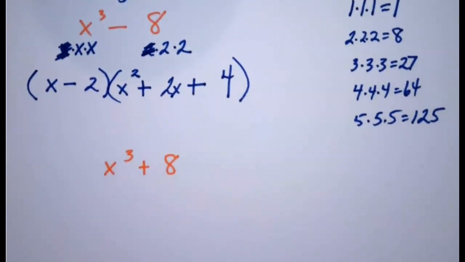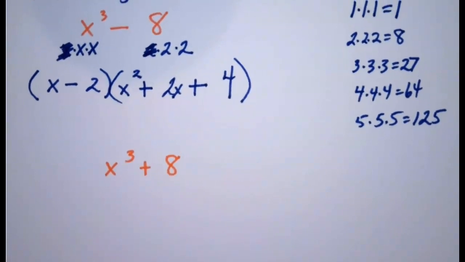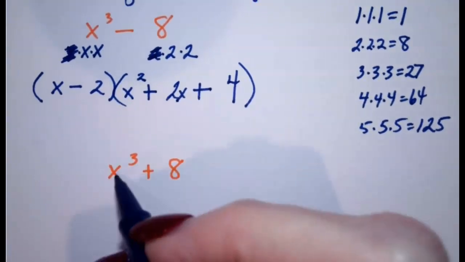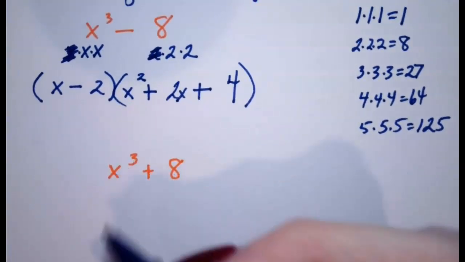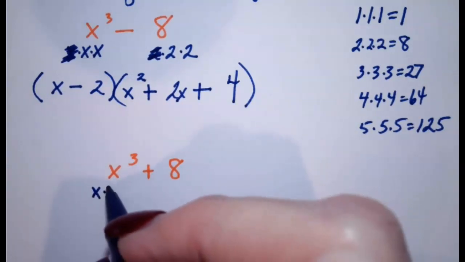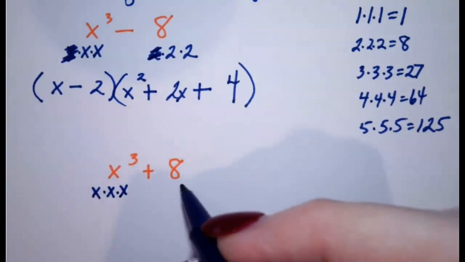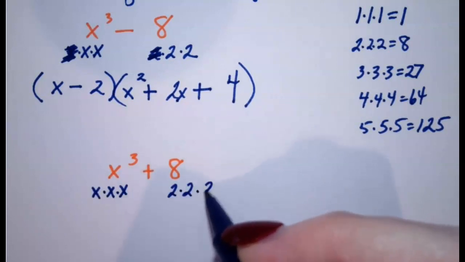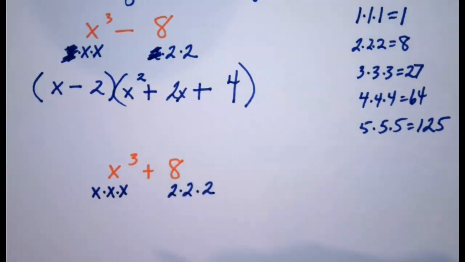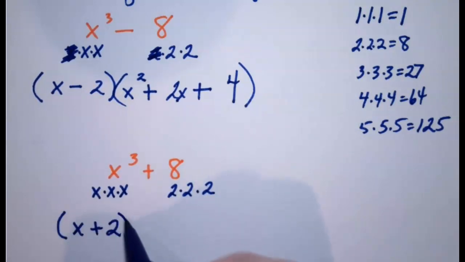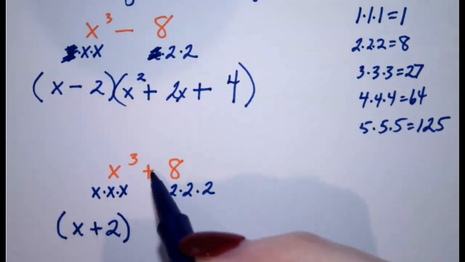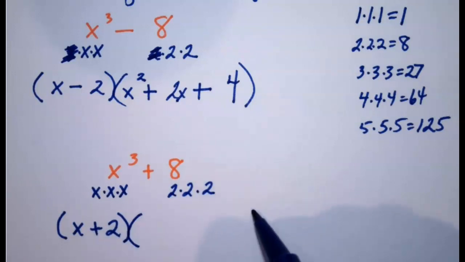Now, what happens if it's x cubed plus 8? Well, x cubed, that's x times x times x, and 8 is 2 times 2 times 2. We all know that. And our common sense is going to say x plus 2, isn't it? Now we're going to start doing the ugly part.